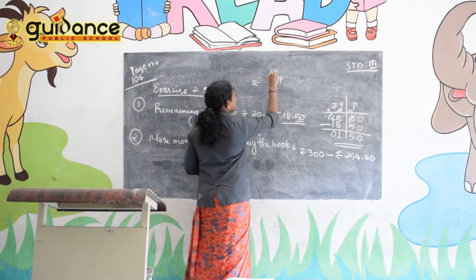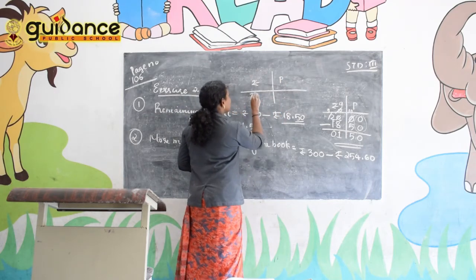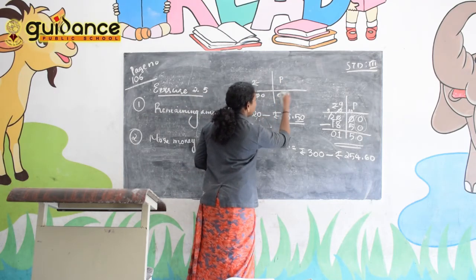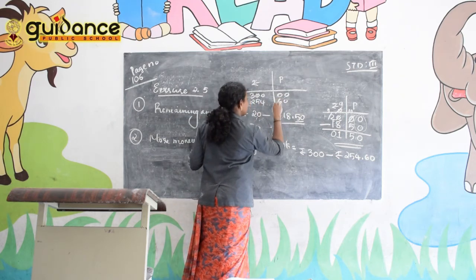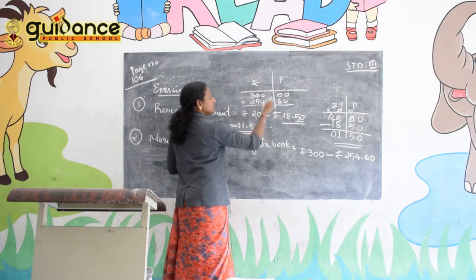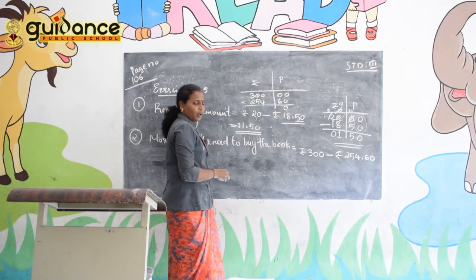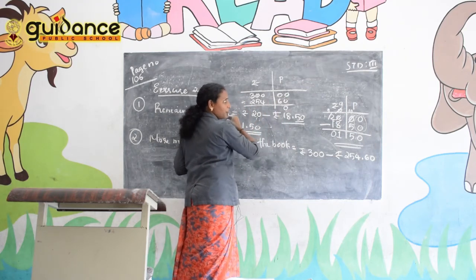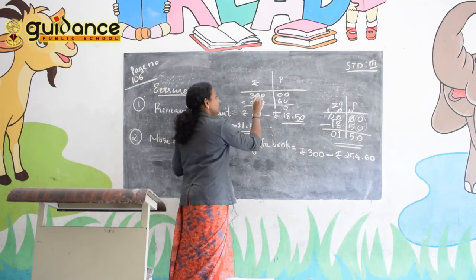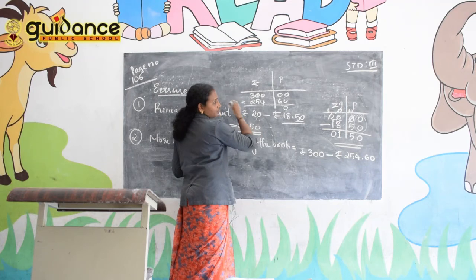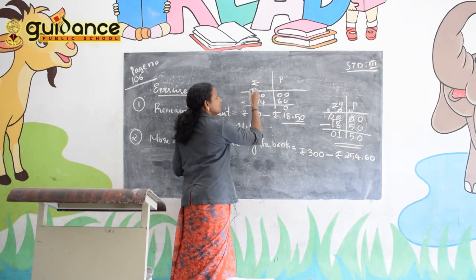Rupees, paise. 300, no paise. 254 rupees 60 paise. 0 minus 0, 0. 0 minus 6, not possible, so take a borrow. Here 0, no, the next place is 0, then next here comes 2.